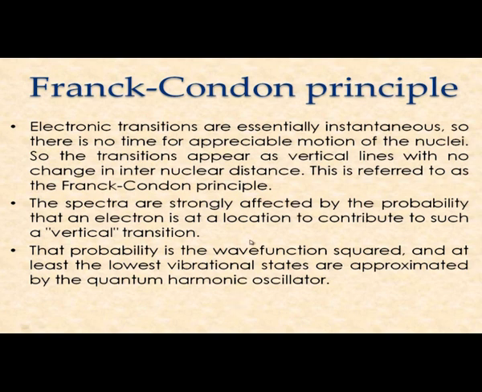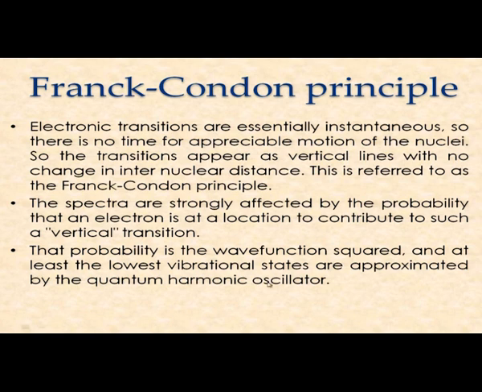The spectra are strongly affected by the probability that an electron is at a location to contribute to such a vertical transition. That probability is the wave function squared, a quantum mechanical concept. A quantum mechanical concept says that probability of finding an electron is given by the probability of the wave function.